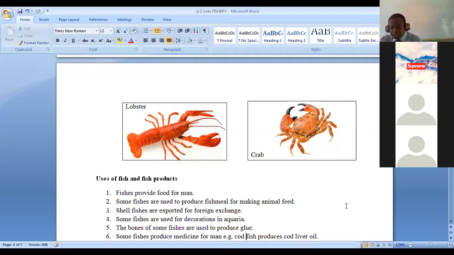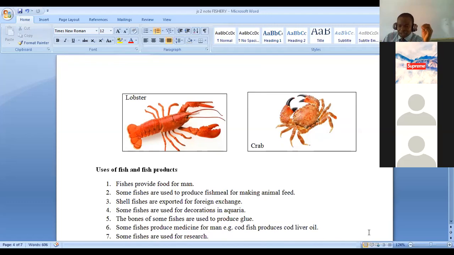Now, number 6, look at your screen. Some fishes produce medicine for man, e.g., cod liver produces cod liver oil. Cod is a kind of fish. When they catch codfish and kill it, they eat the fish, but inside the liver, they are able to extract a kind of oil. That oil is rich in some vitamins and it has a peculiar type of oil, which is called omega-3 oil.